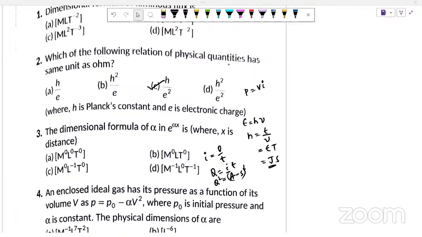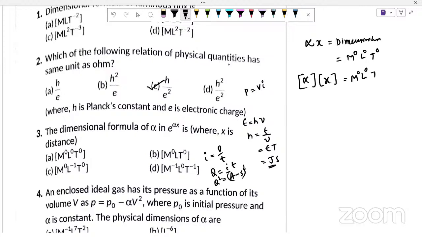You know that exponentials and trigonometric functions are dimensionless. It means I can say that alpha into x is dimensionless. Dimensionless means M0 L0 T0. Isn't it? So alpha into x is equal to M0 L0 T0.